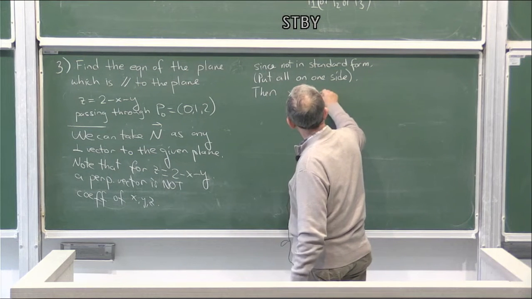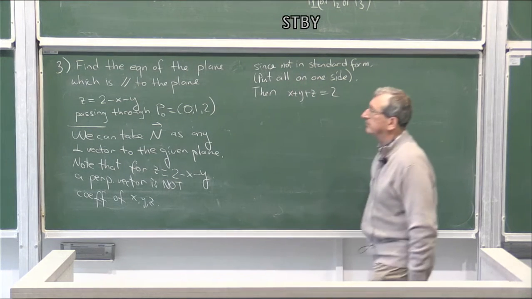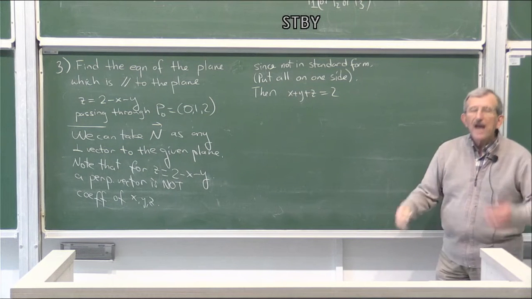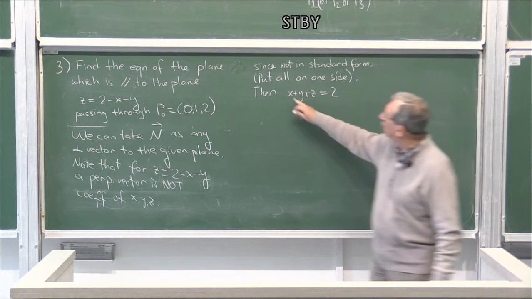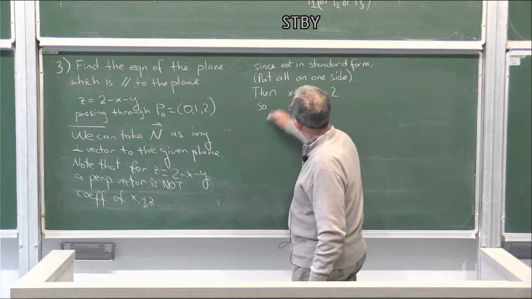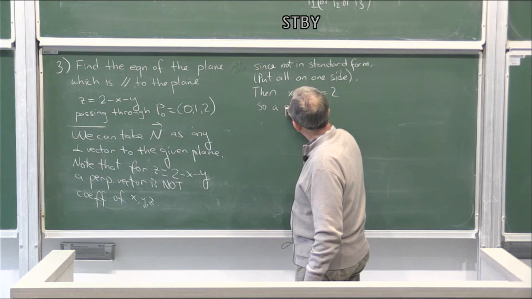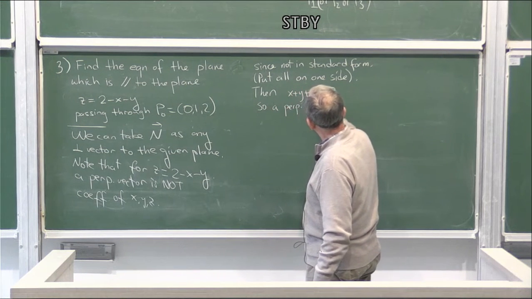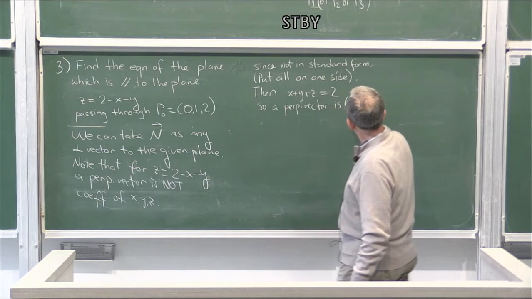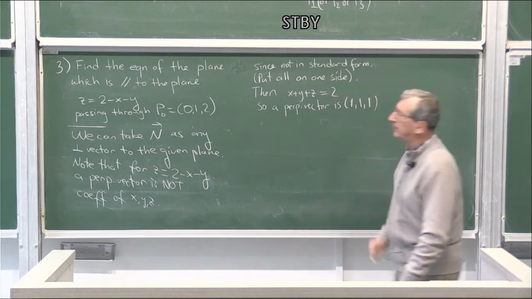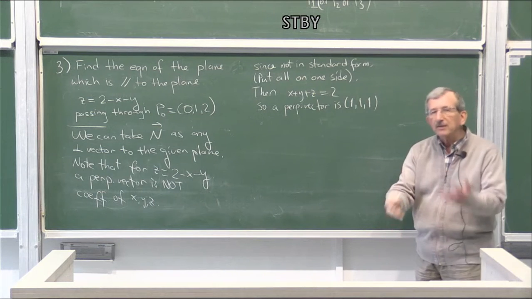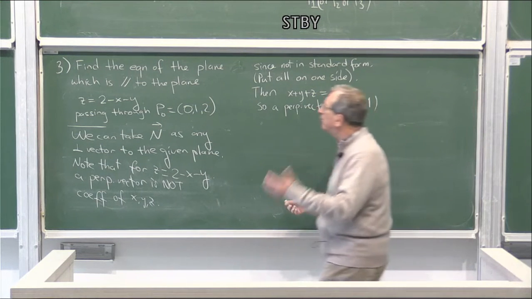The constant is not important. Now, we know that the coefficients give a perpendicular vector, which is (1, 1, 1).